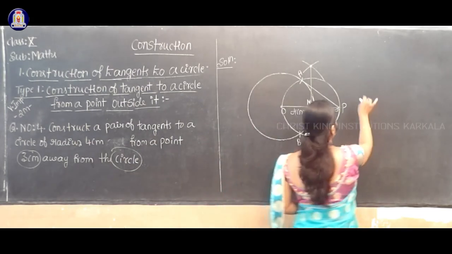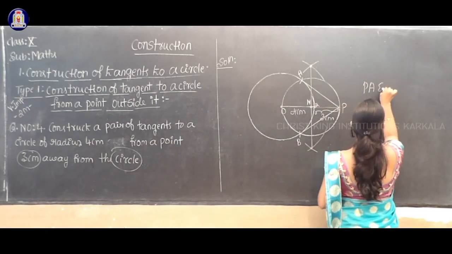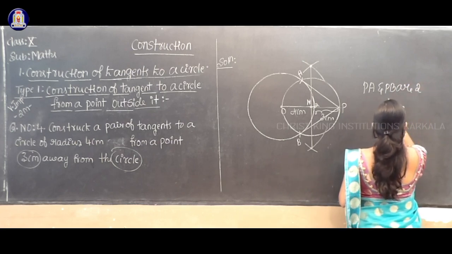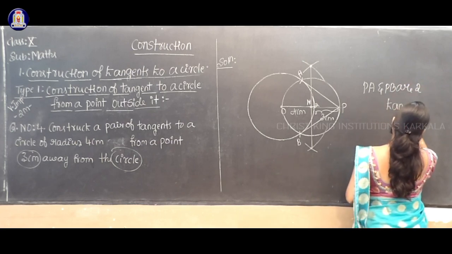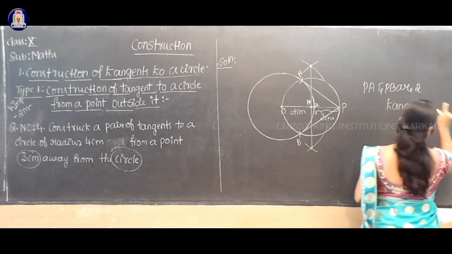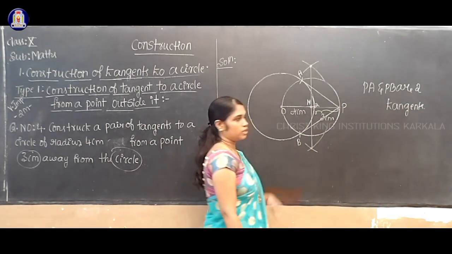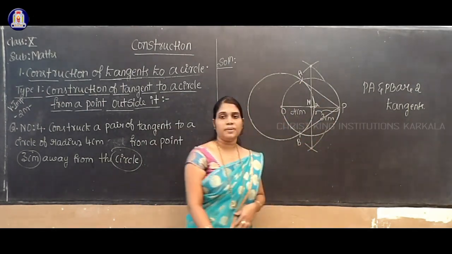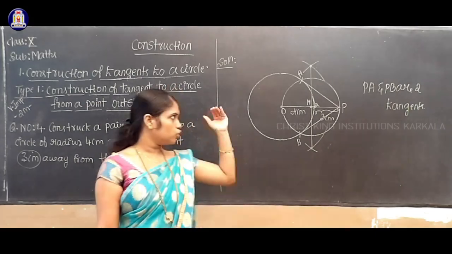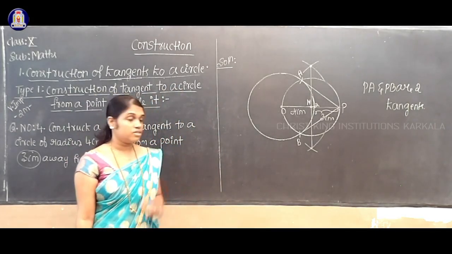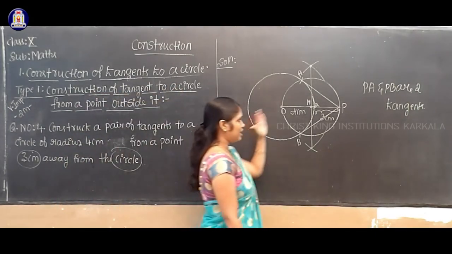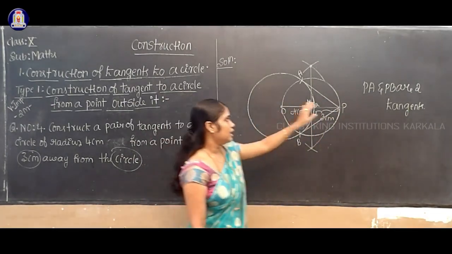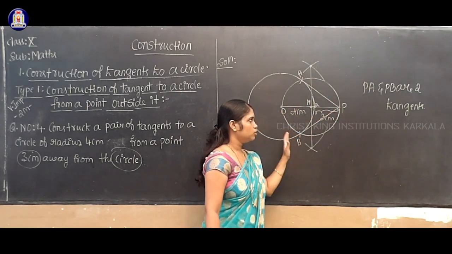These are the 2 tangents. So you can measure the length of these 2 tangents. The length of PA and the length of PB are equal. You can measure these two lengths because we know that tangents drawn from an external point to a circle are equal, isn't it? So therefore, the length of PA will be equal to the length of PB.